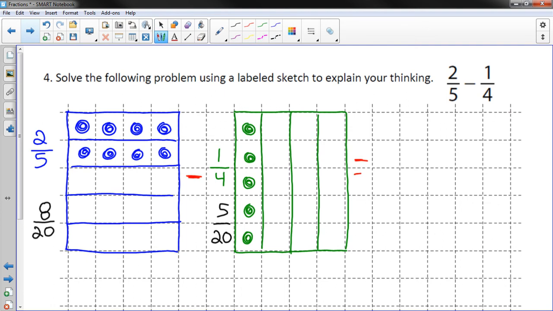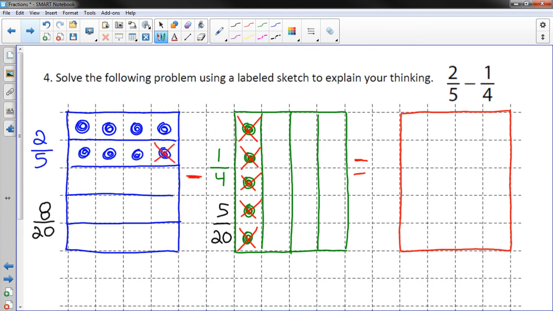Don't forget, this is subtraction, so I'm going to take away this 5/20. 5 circles or shaded squares away from the first one.